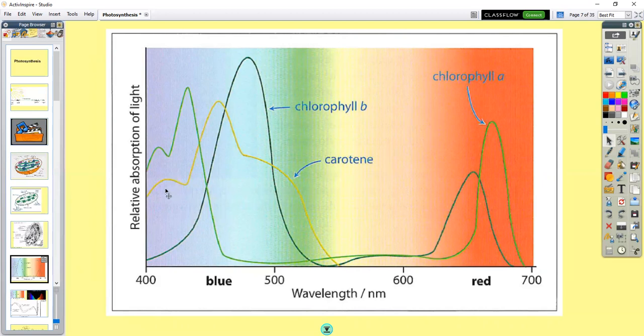You'll notice that most of the absorption occurs in the blue spectrum, so between sort of 400 and 500 nanometers, or 550, most light is absorbed there. And then there's another absorption peak in the red spectrum, sort of between 650 and 700. Notice that in the green spectrum, there's not very much light absorbed. That's why plants appear green. They reflect that green light.